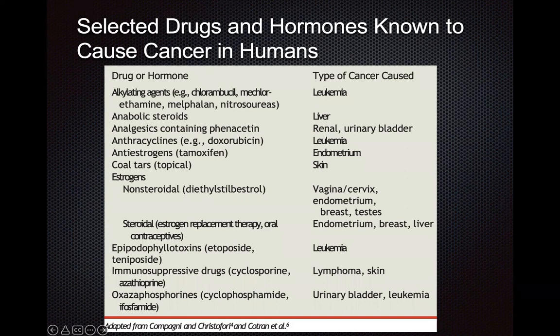For example, alkylating agents like chlorambucil, melphalan, or nitrosoureas tend to cause leukemia, and anthracyclines like doxorubicin also tend to cause leukemia. And nonsteroidal agents like diethylstilbestrol tend to cause vaginal, cervical, or endometrial cancer and such.